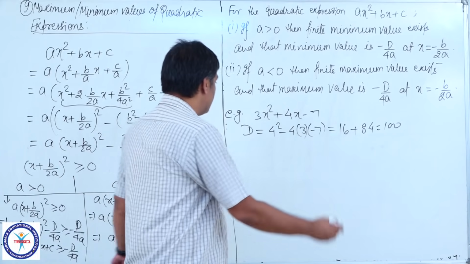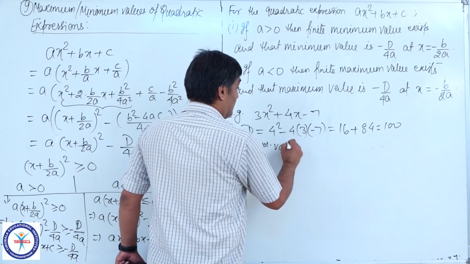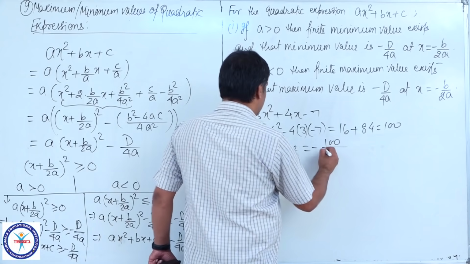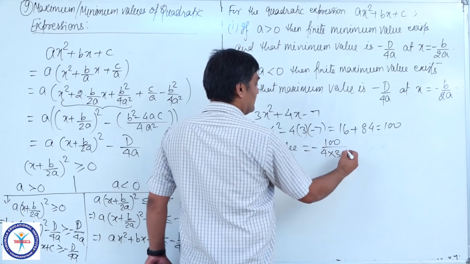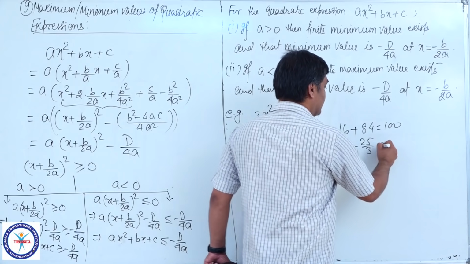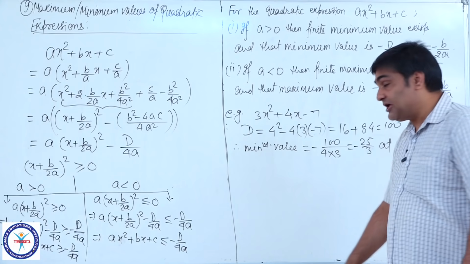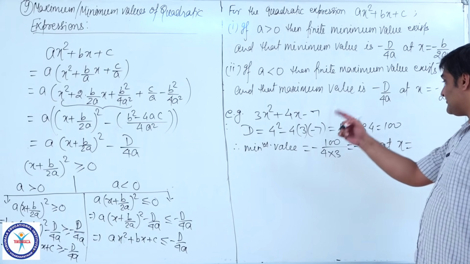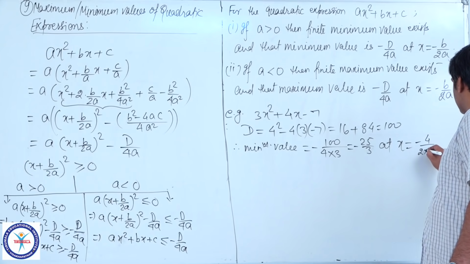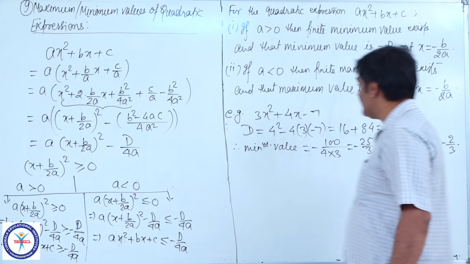The discriminant is 100. Therefore, the minimum value of this expression is minus D by 4a, that is minus 25 by 3, at x equal to minus b by 2a. Minus b by 2a means minus 4 by 2 into 3, that is at x equal to minus 2 by 3.